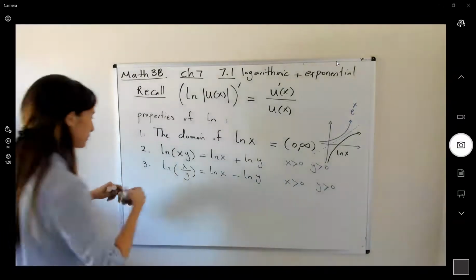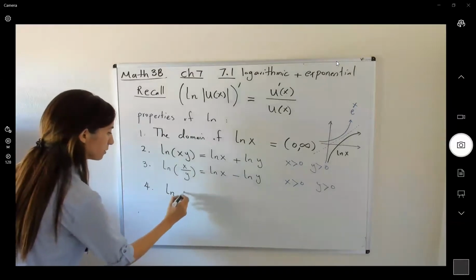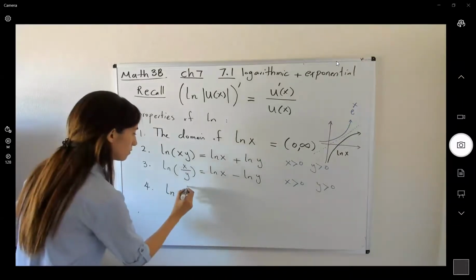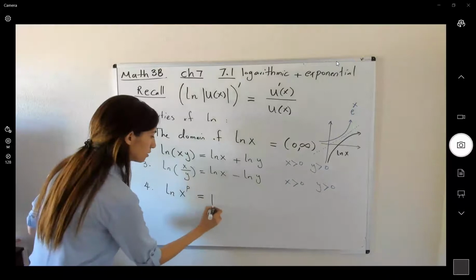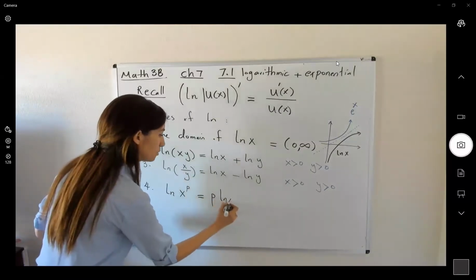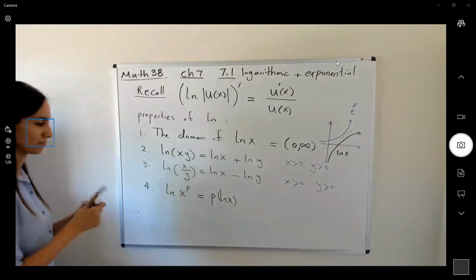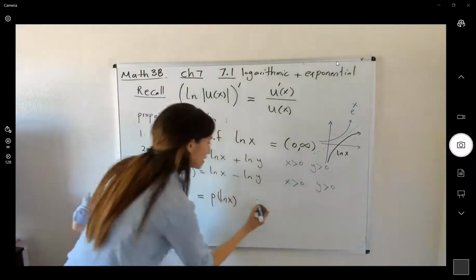Another property: if your ln has a quantity that has an exponent like p, you can take this exponent and write it in front of ln. So you get p times ln of x. This p can be positive or negative, but your x is positive.